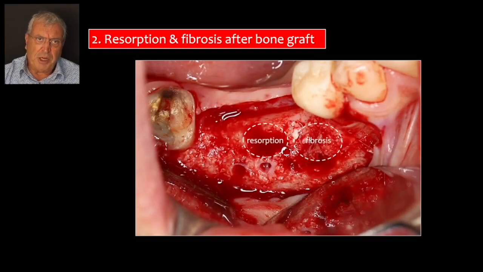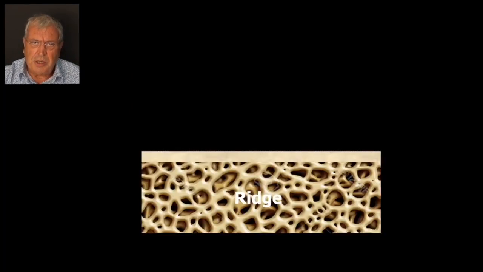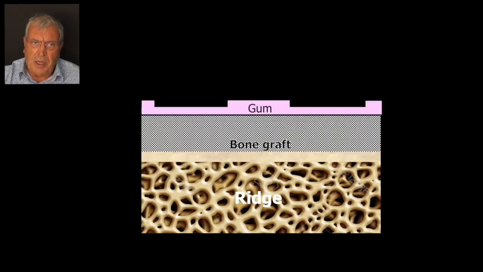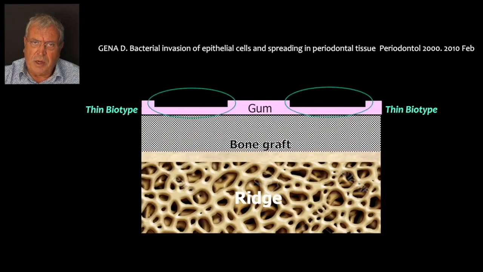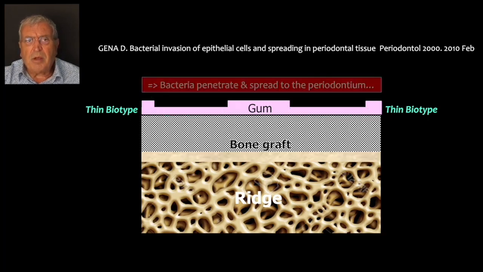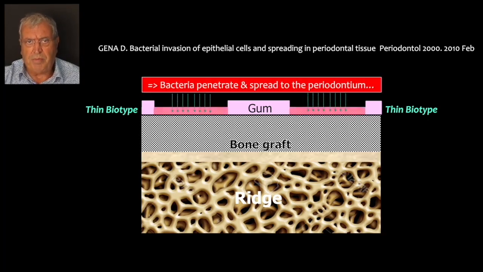Sometimes we do augmentation and we meet resorption or fibrosis, or both. When we do an augmentation, the condition is the quality of the gum, the thickness, the biotype. And when the biotype is thin, then we know that the bacteria penetrate and spread to the periodontium, inducing a chronic inflammation.